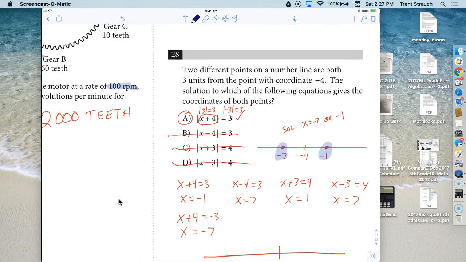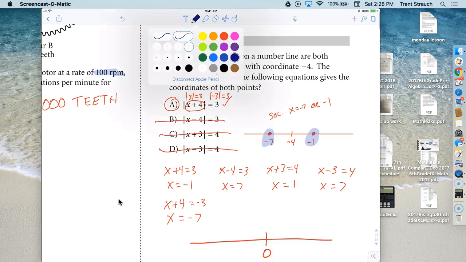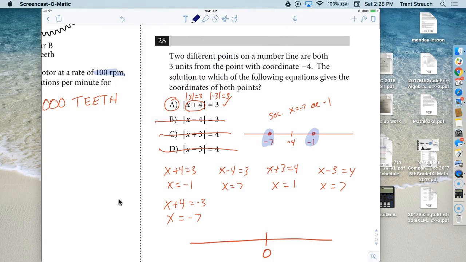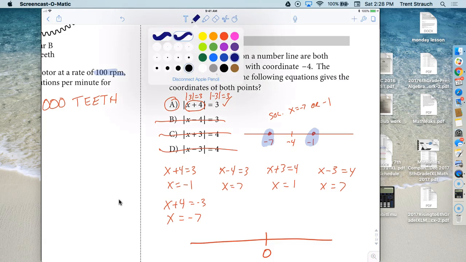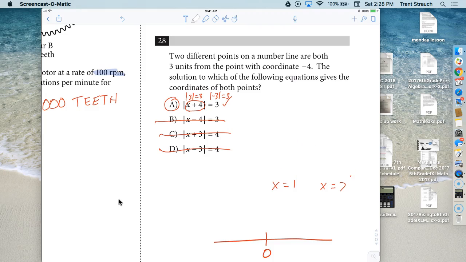Now, what about 28, guys? All right. Now listen to me. On 28 now, I'm going to erase this again so I can show you something. Now this one, I always try to tell my kids, is important because if you forget, this is how you would go about it. Because a lot of people don't remember how to solve absolute value equations, right?